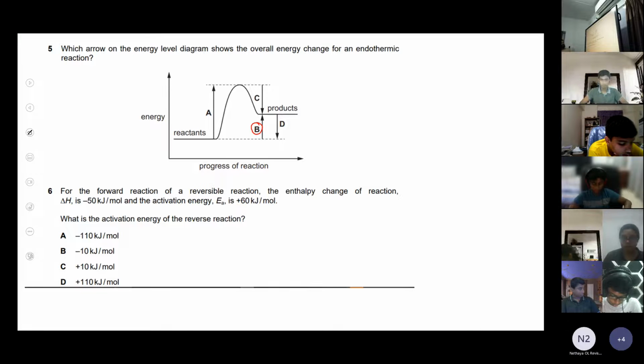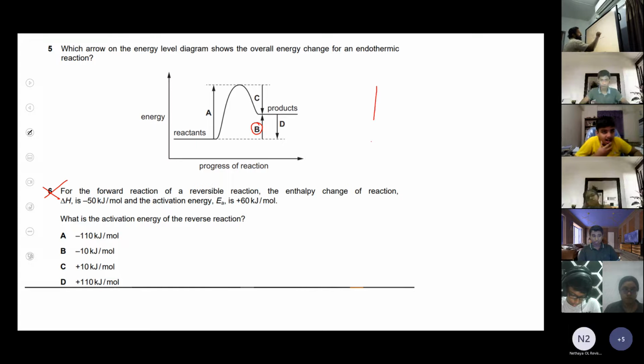Next one, for the forward reaction of a reversible reaction, enthalpy change. Forward reaction or reverse, right? The forward reaction of a reversible reaction, enthalpy change is exothermic.